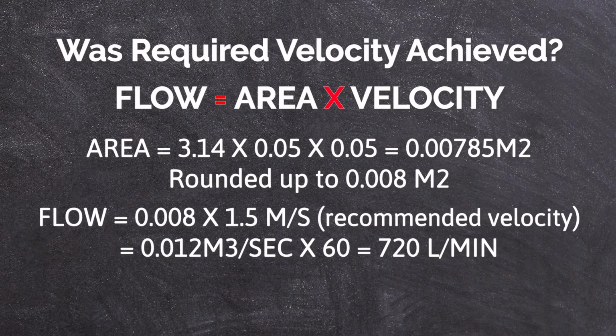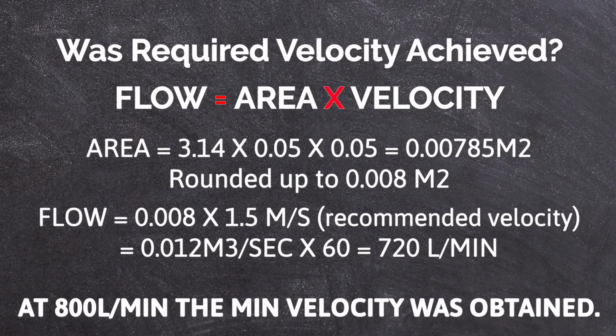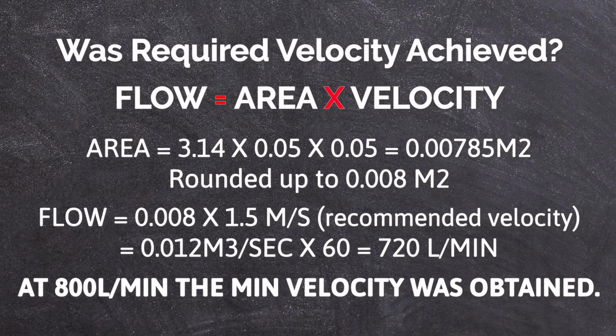Flow equals 0.008 by 1.5 meters per second, which is the recommended velocity, which equals 0.012 meters cubed per second by 60, which equals 720 litres per minute. At 800 litres per minute, the minimum velocity was obtained.